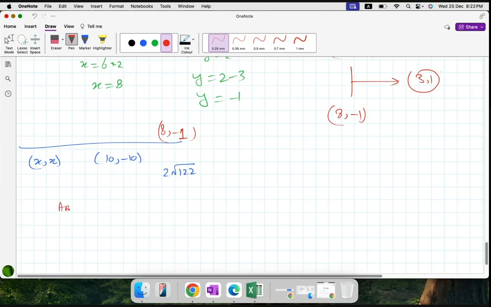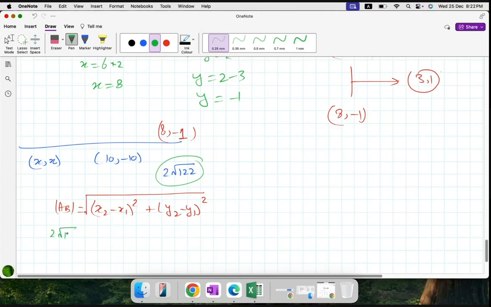So let's say distance is the square root of x2 minus x1 whole squared plus y2 minus y1 whole squared. The distance is already given. I can substitute 2 square root 122 is equal to the square root of, using those values, x minus 10 whole squared plus y2 minus y1 whole squared.